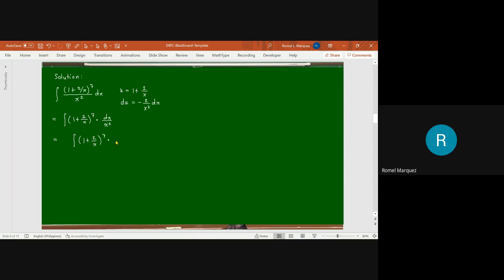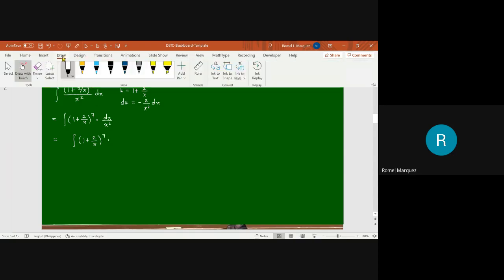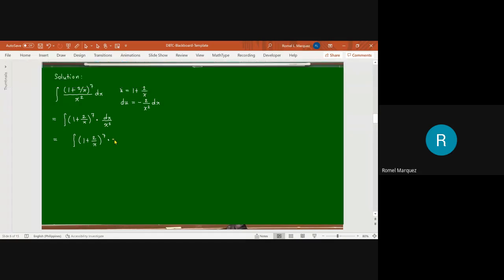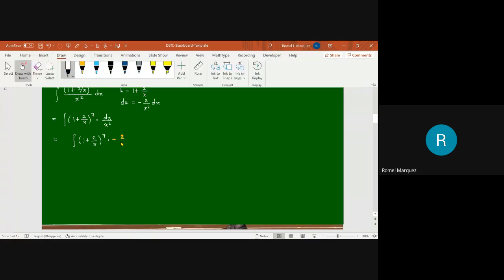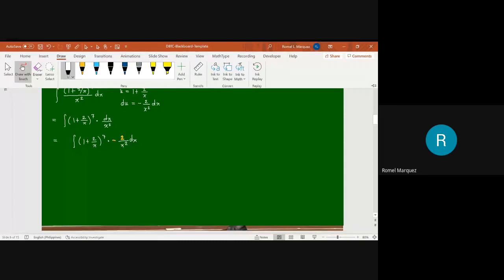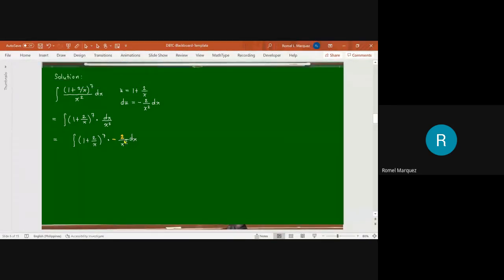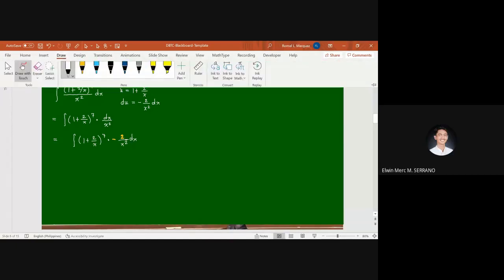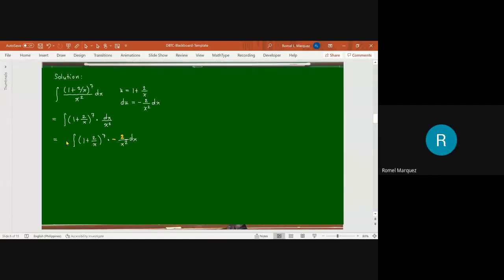I supplied negative 2. So I have to balance outside by negative 1/2, so that mathematically I did not really change the given. The value will still be the same as the original. Let's now check if this is already satisfying the general power formula. So negative 1/2, copy that.